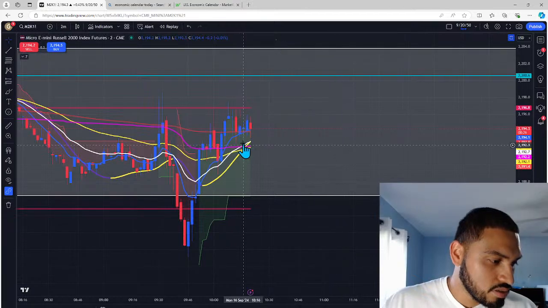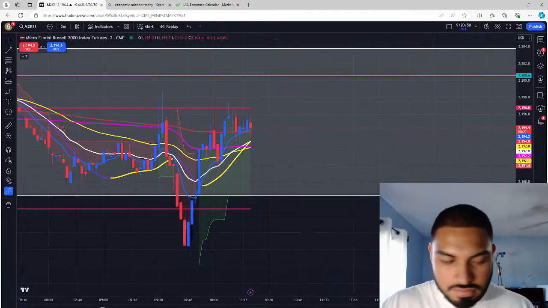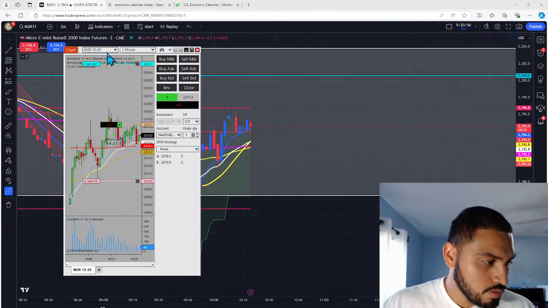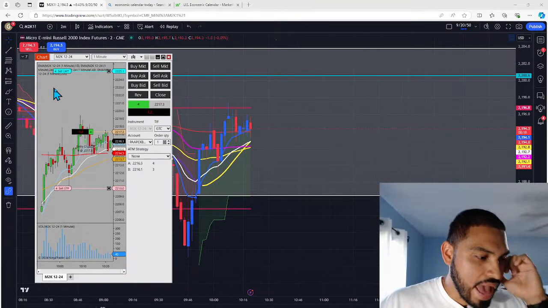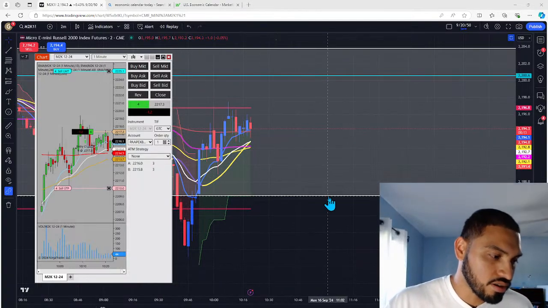So yeah, we're consolidating in a range right now. We're really consolidating in a range. Let's see if we can break out finally. Hopefully.